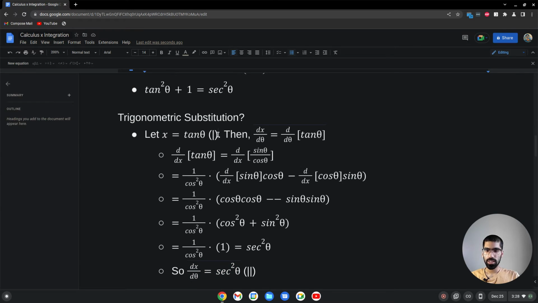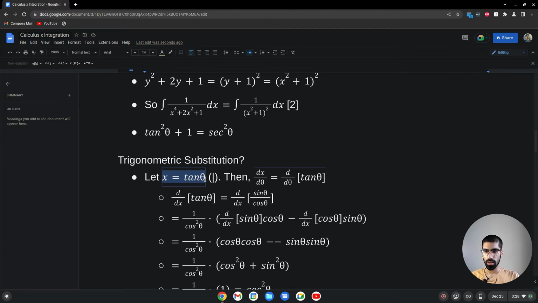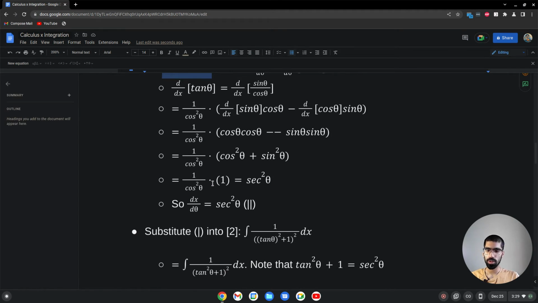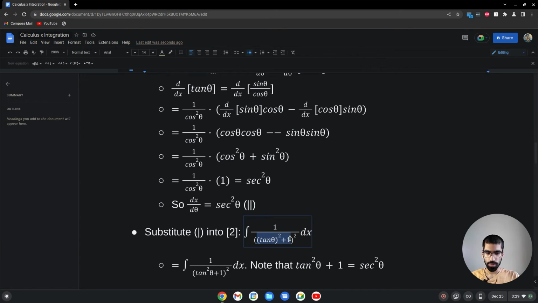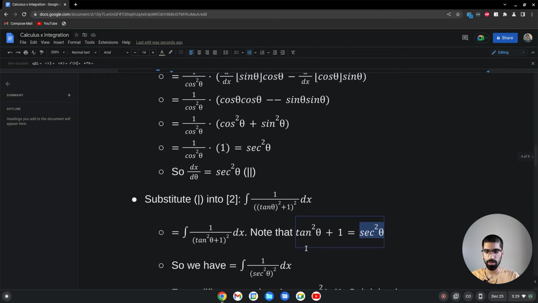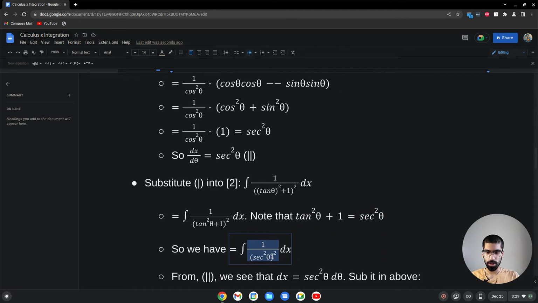Anyway, the key idea is this and this. We need these. We're going to take x, replace it over here with tan of theta, so that we can go from these two terms to this term right here using this identity. So we have now this integral.